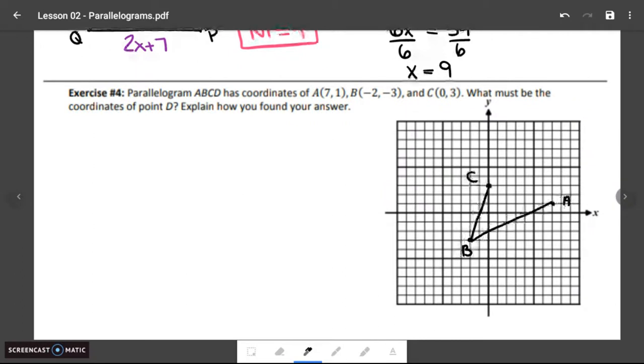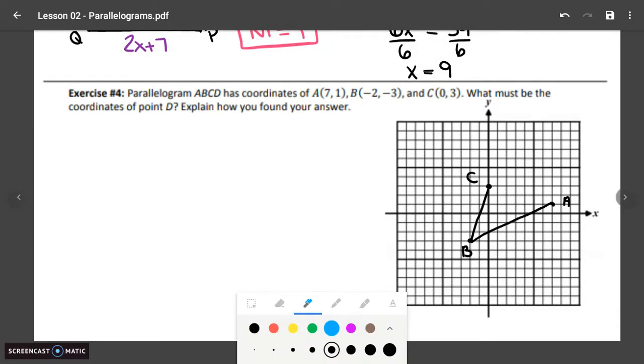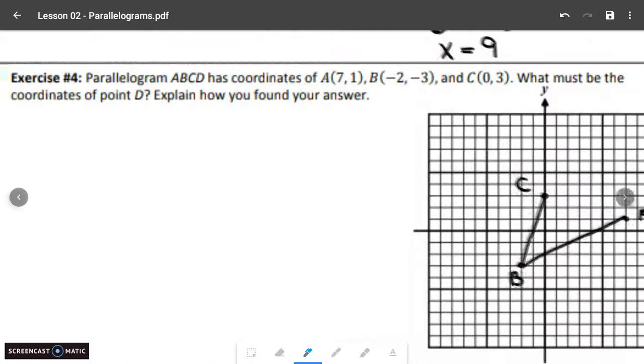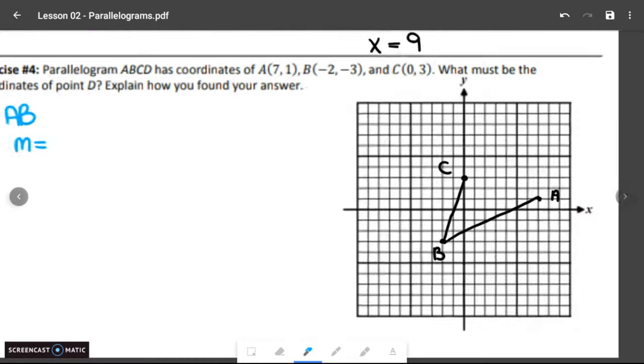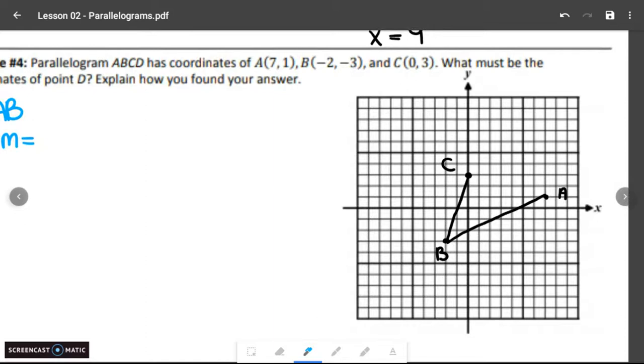Now, we know we need that other piece D. Something we should do is, we know that opposite sides are congruent and parallel. In this case, we could use congruent, but it's going to be harder since we'd have to use the distance formula and try to find an exact point. Here, what I would do is just calculate the slope. So what I mean by that is, let's look at the slope of AB. So from B to A, I'm counting up 1, 2, 3, 4, and then over 1, 2, 3, 4, 5, 6, 7, 8, 9.